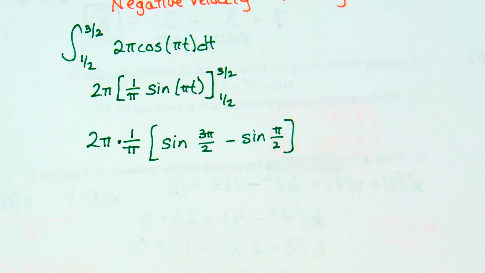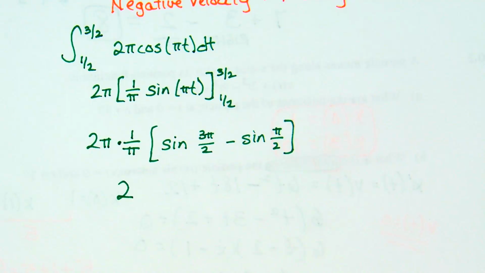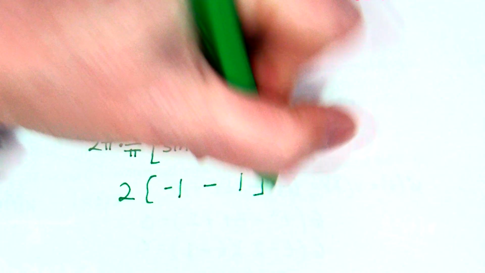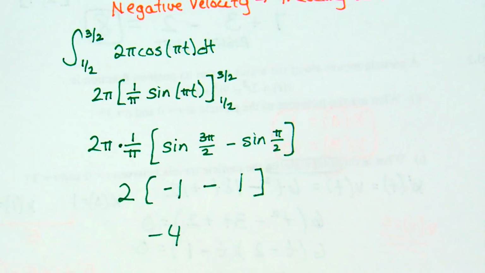What happens with the pi's out front? They cancel. Sine of 3 pi over 2 should be -1 minus sine of pi over 2 is 1. -1 minus 1 is -2 times 2 is -4.